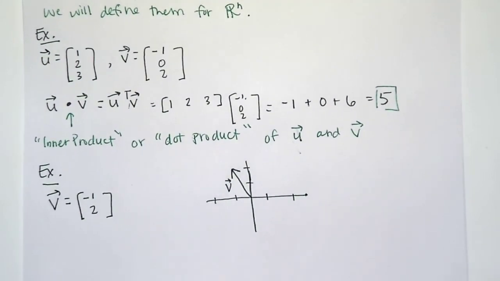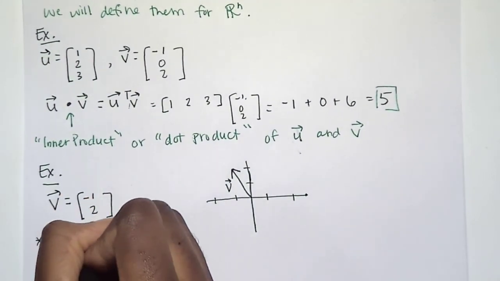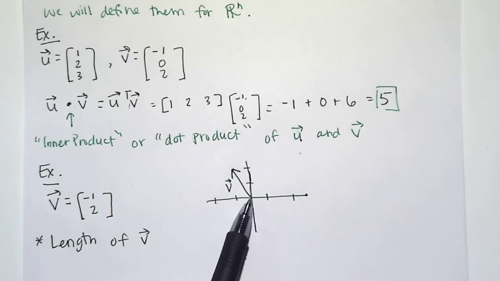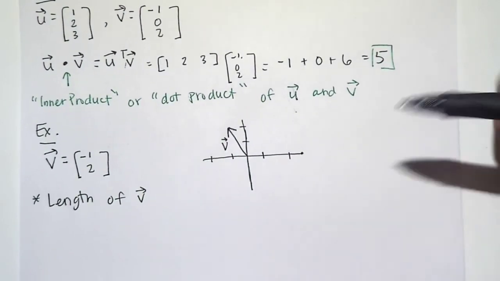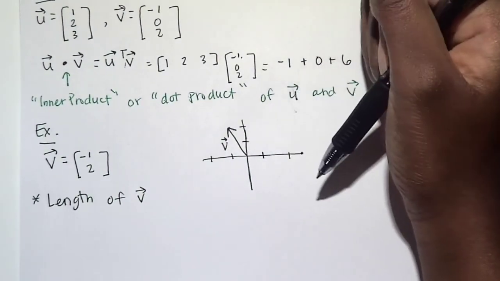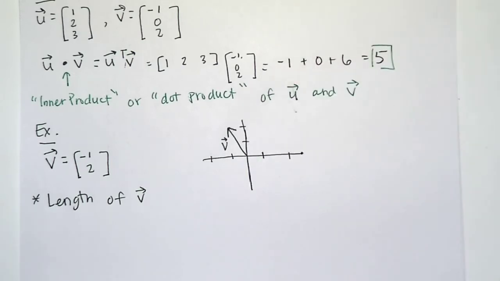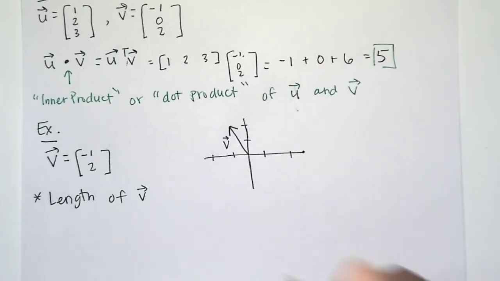What if we wanted to find the length of our vector V? So from the origin to the tip of our arrow, how would we do that? Well, this is just a line, so we know how to find the distance between 2 points on a line, so we know the length of this line. We can use Euclidean distance.